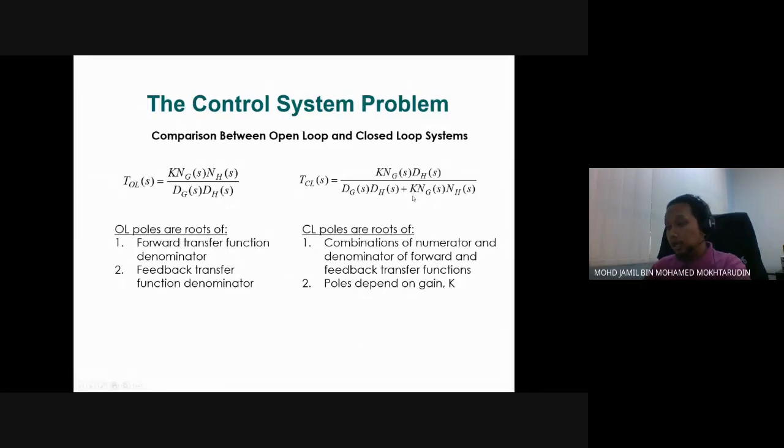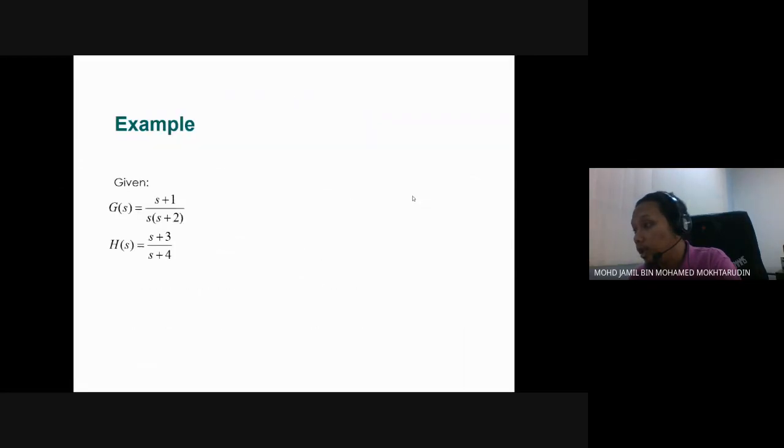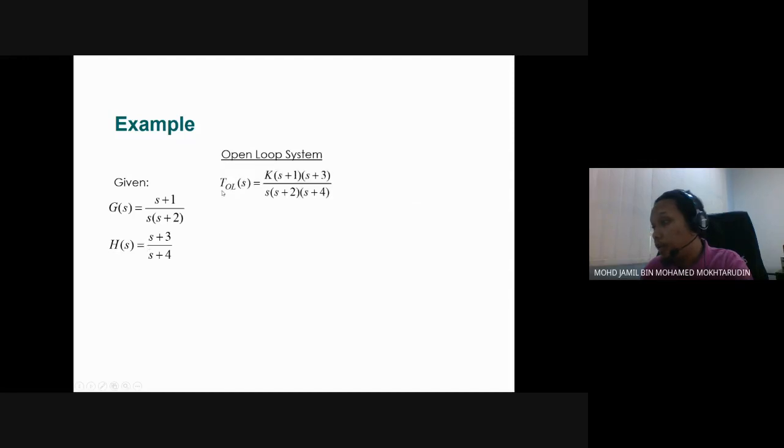So now we need to look at new methods for finding suitable values of poles for stability. With a closed loop system, the poles are not easily obtained, and they change with the value of K. For example, you are given transfer functions G and H. For an open loop system, you can easily determine the poles by finding the value of s when the denominator equals 0.